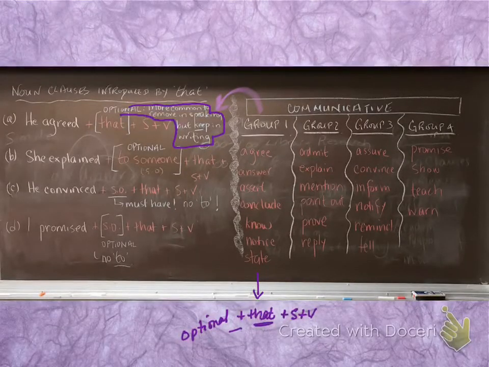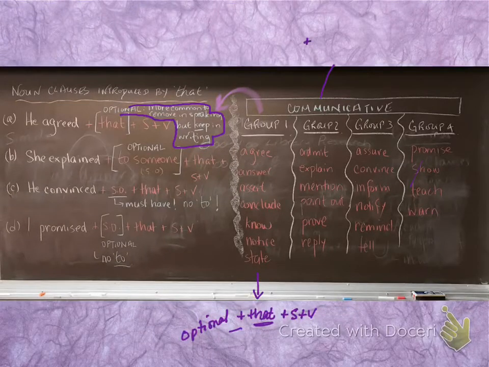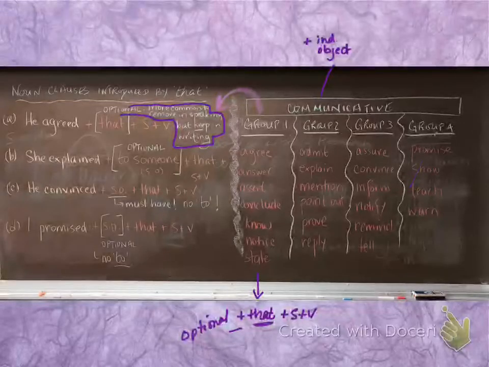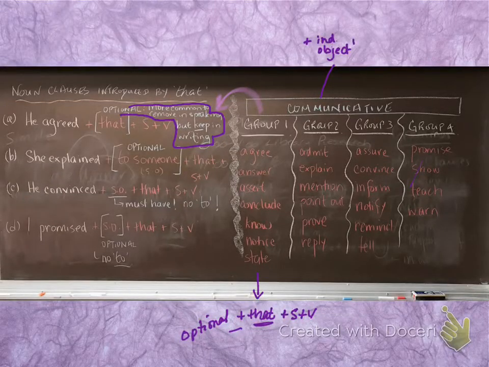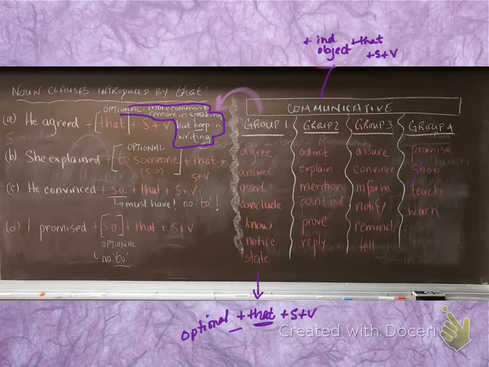Okay? So group 2, we use "to" plus an indirect object, plus that, plus subject, plus verb. And here, the indirect object is optional.